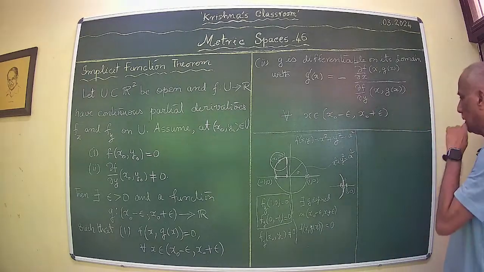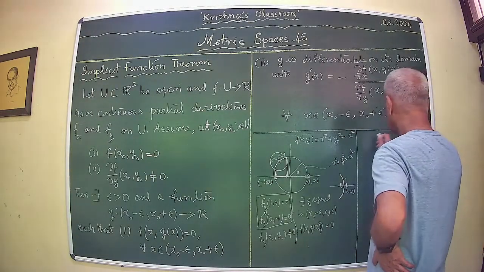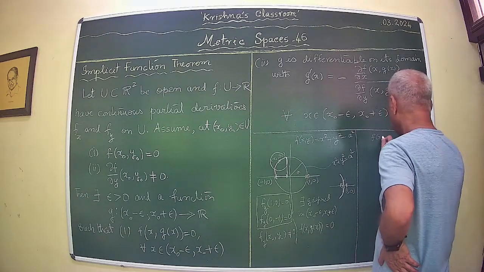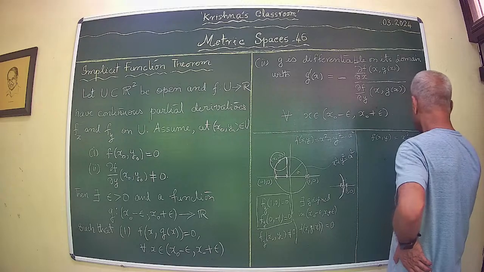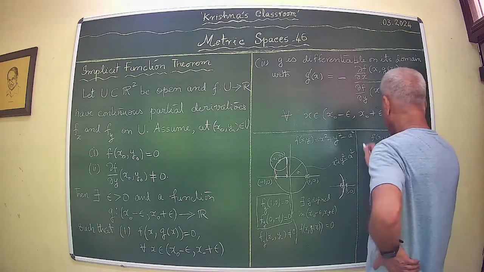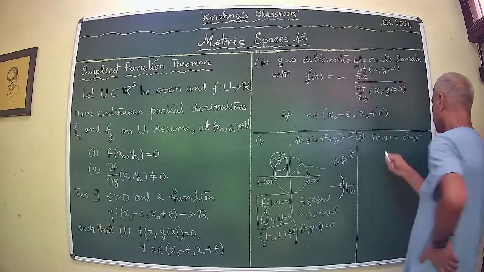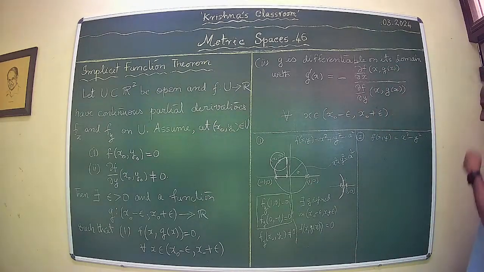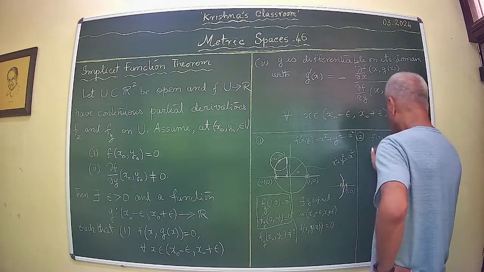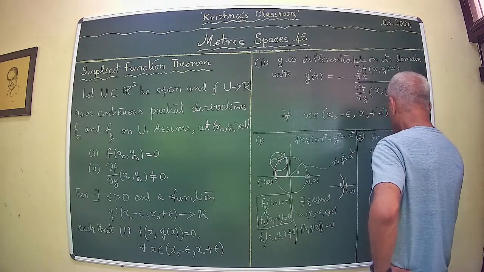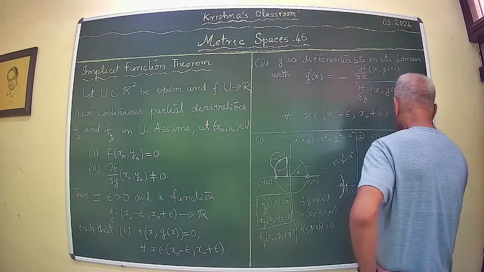Yet another example which we have not looked at is this. Take f(x,y) equal to x square minus a square. This is the first example. The second example is f(x,y) equal to x square minus a square. Now you can see that f(x,y) equal to 0 is a pair of straight lines.